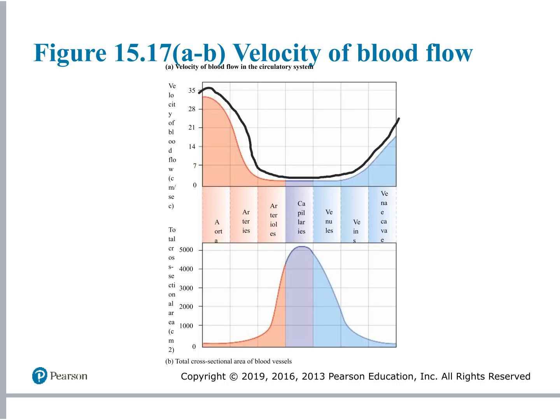Now this bottom picture shows you the total cross-sectional area. The total cross-sectional area of the big vessels is small, and then when we get to the capillaries, it grows because we're talking about all the capillaries at once. And then as we get to smaller vessels and to larger vessels, the total cross-sectional area will decrease.